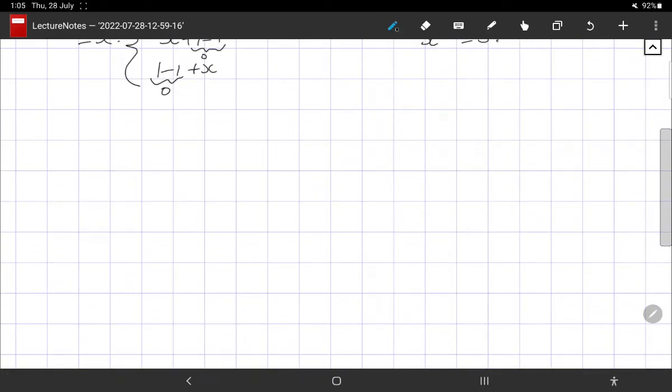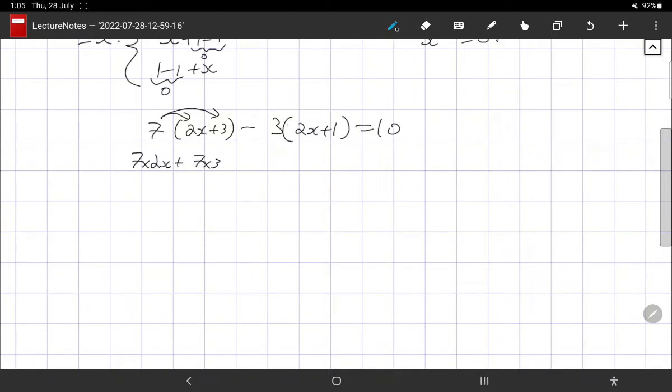Example number 2. We have 7(2x + 3) take 3(2x + 1) equals 10. We need to expand these first. Expanding 7 into both of these is 7 times 2x plus 7 times 3.